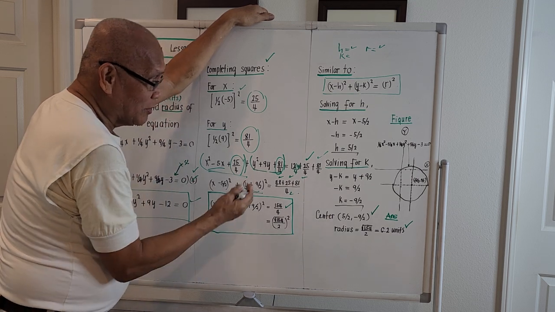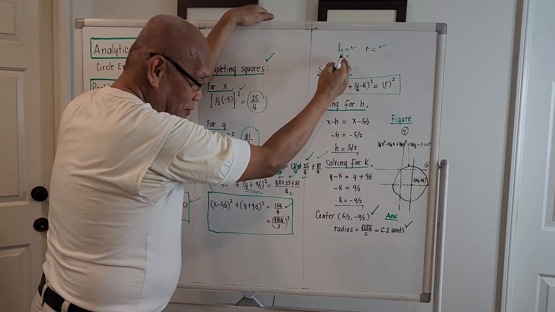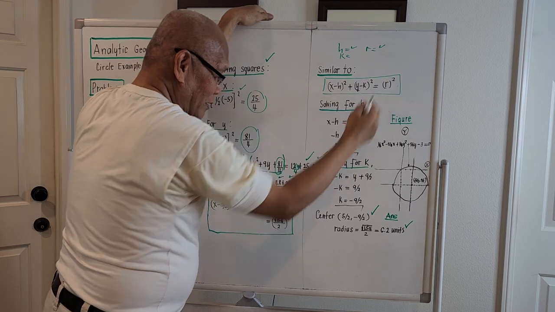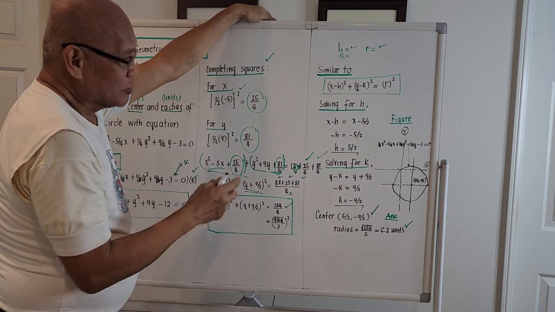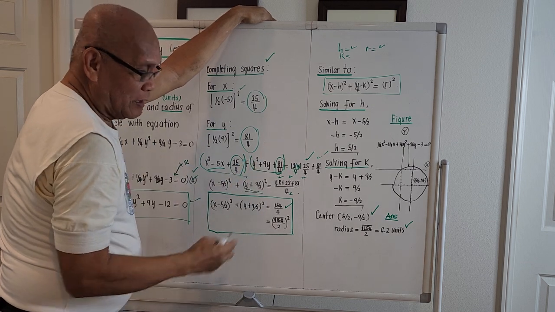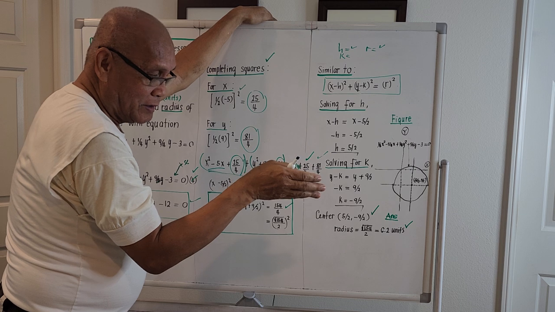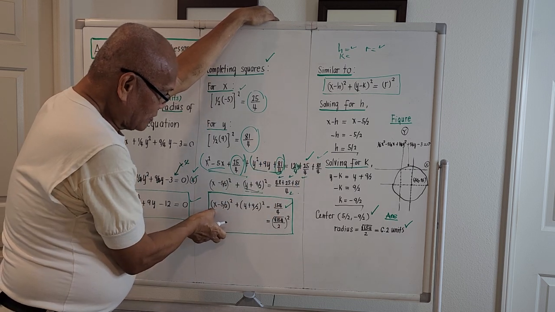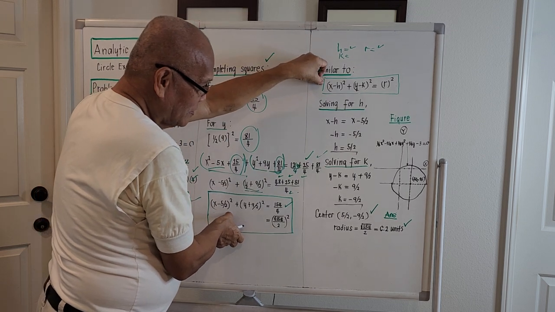And this is actually similar to the equation of a circle with center at (h, k), that is x minus h quantity squared plus y minus k quantity squared equal to r squared. So in here, we could solve for h now. We could solve this by inspection, but I prefer to bring out the solution for it. x minus 5 halves should be equal to x minus h.